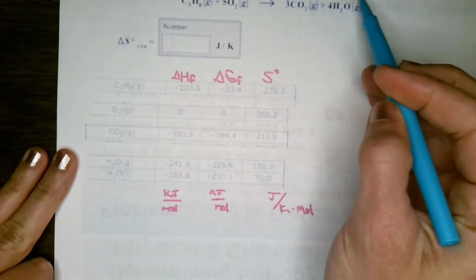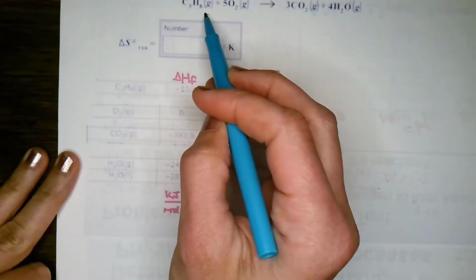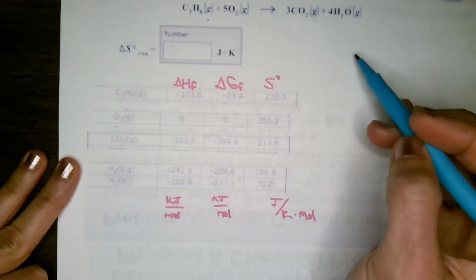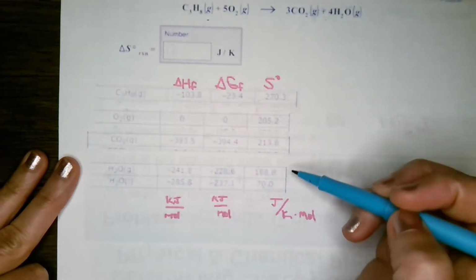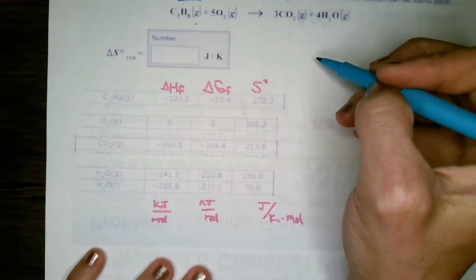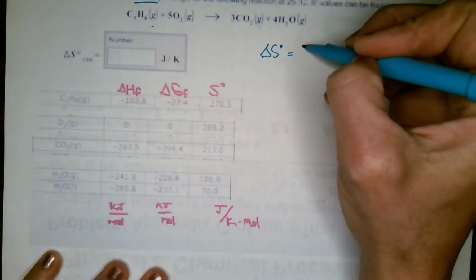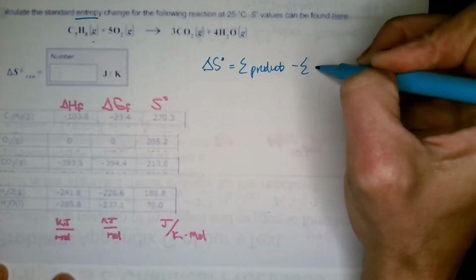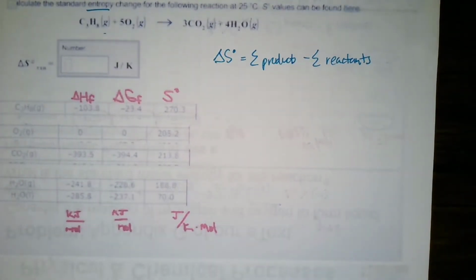Let's look at another example problem. We want to calculate the standard entropy change for the following reaction at 25 degrees Celsius, as values can be found here. So we've got propane, so we've got a combustion reaction here. Propane plus oxygen gives me carbon dioxide and water gas. Okay, these values would always be provided to you, whether it was a test or a quiz or whatever. So we need to find our delta S, which is equal to, remember, the sum of our products minus the sum of our reactants.